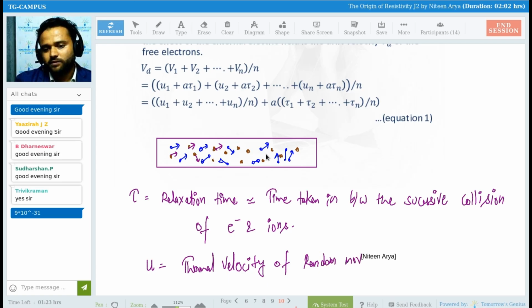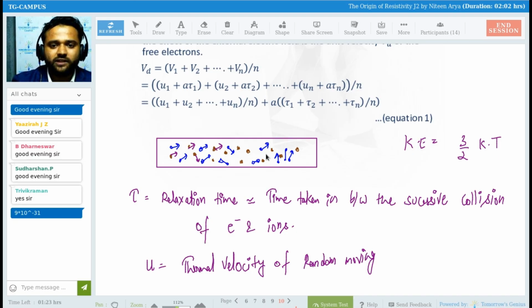In the previous class, KTG, there is a kinetic energy due to thermal. KE equals 3 by 2 kT, if I am not wrong. k is the Boltzmann constant, and this is the kinetic energy due to this temperature. So this is why it is written in this way: thermal velocity of random moving electrons.